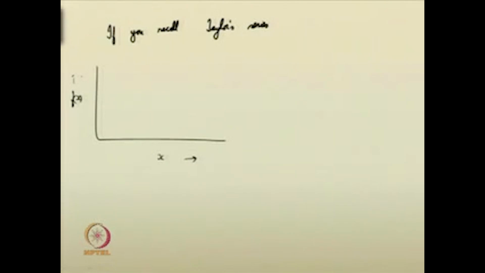If you have such a curve, and we do not know the pattern of the curve, then between any two points, say this is x 1, this is x 2, let them be separated by a distance of 2 del x, and let the midpoint of this distance be x m.